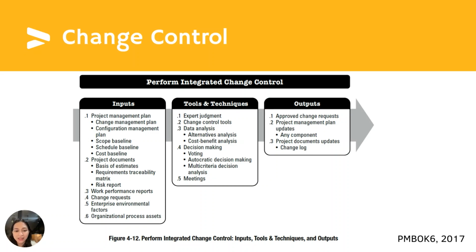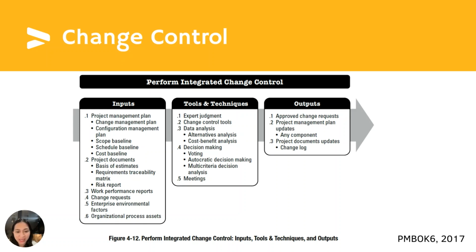You need to identify configuration items, record and report configuration item status, and perform configuration item verification and audit. So the tool should support identification of changes, documentation of changes, the decisions that you need to make on changes, and of course the tracking of changes.